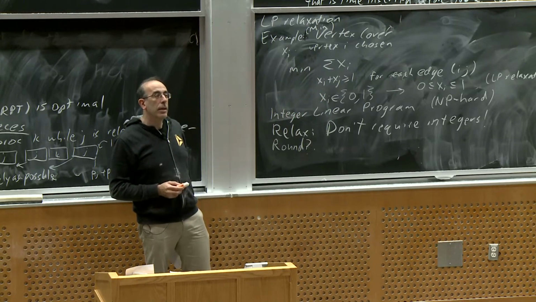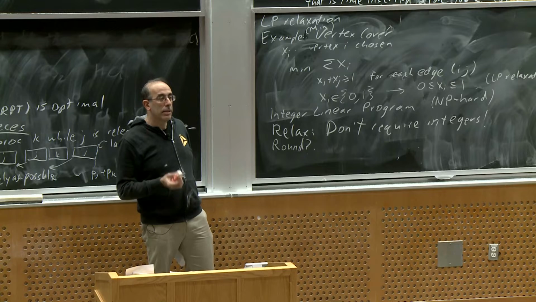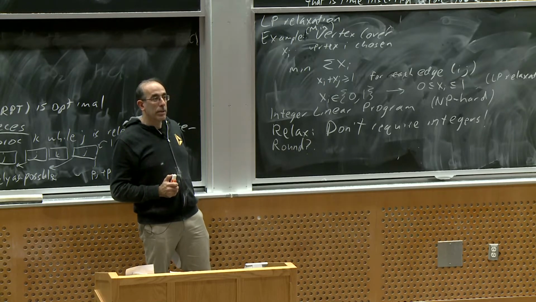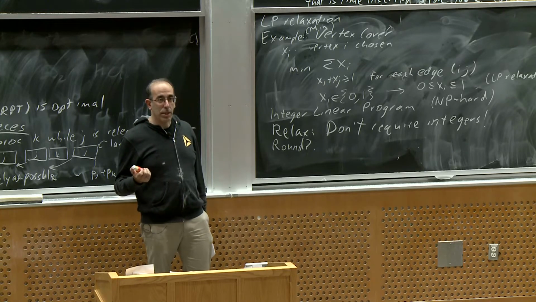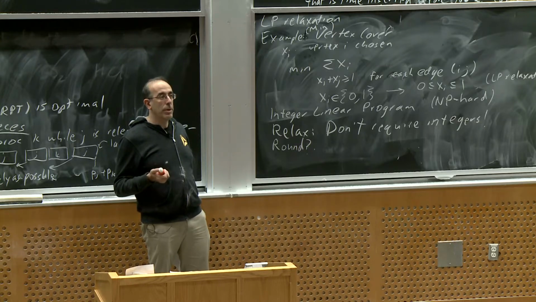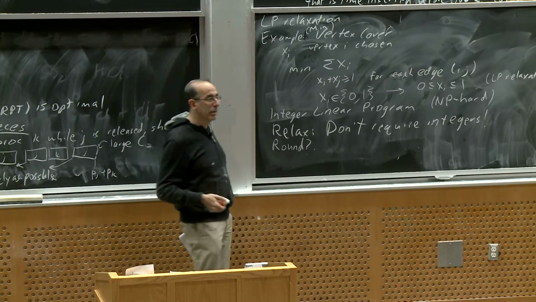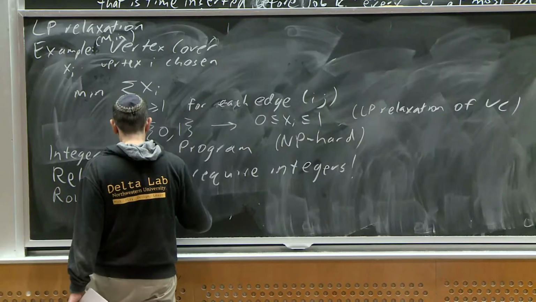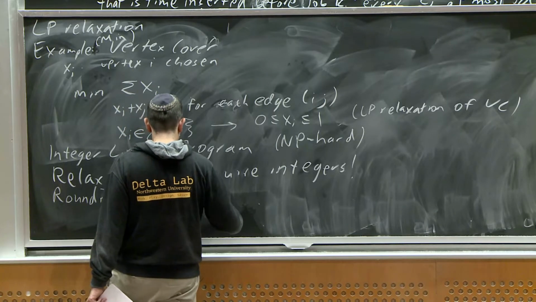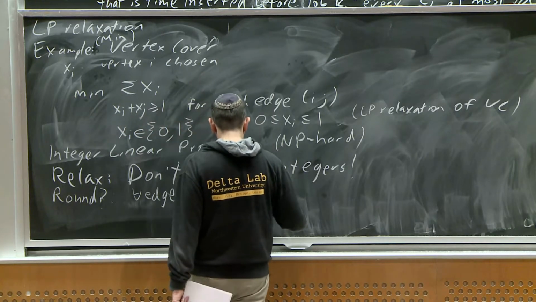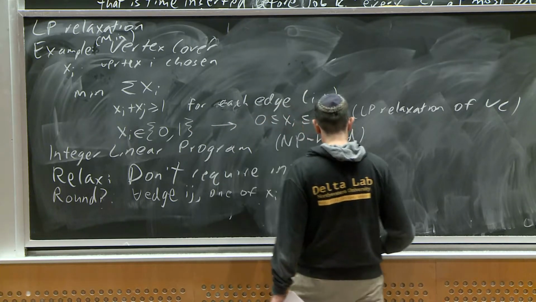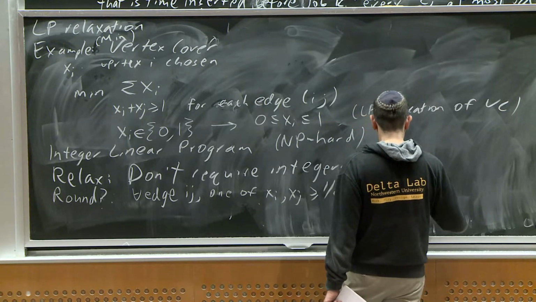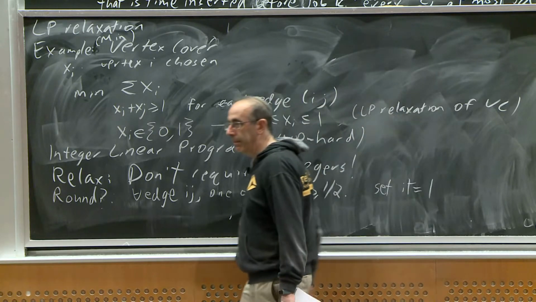Great. So because x_i plus x_j is at least 1, that means that one of them is at least a half. Okay. So set it equal to 1.